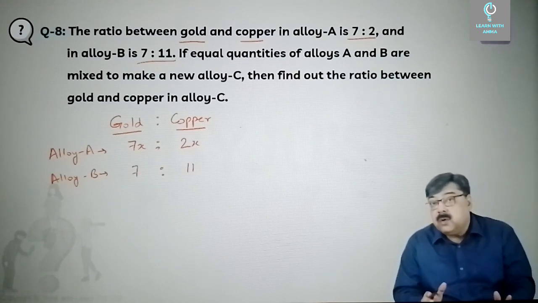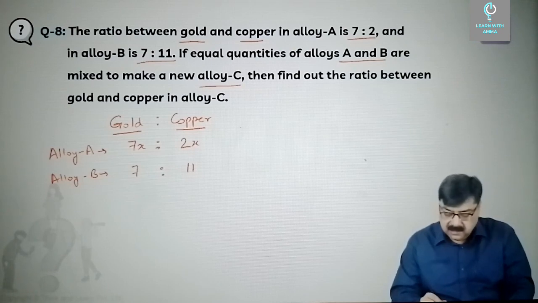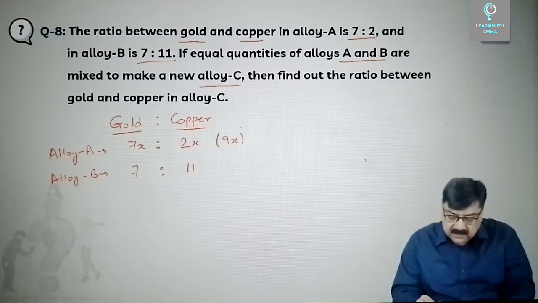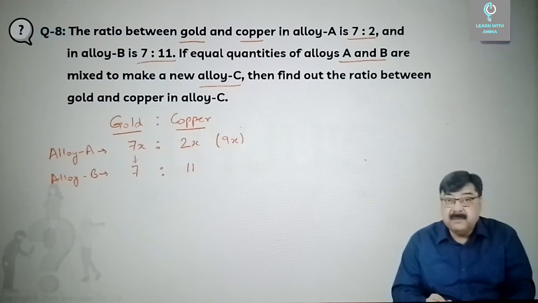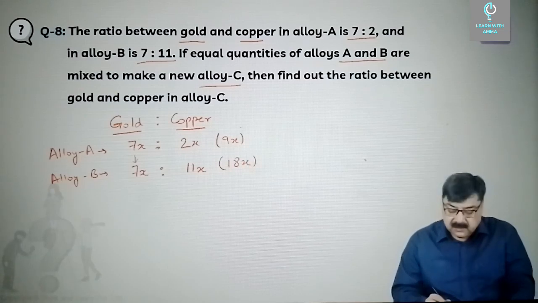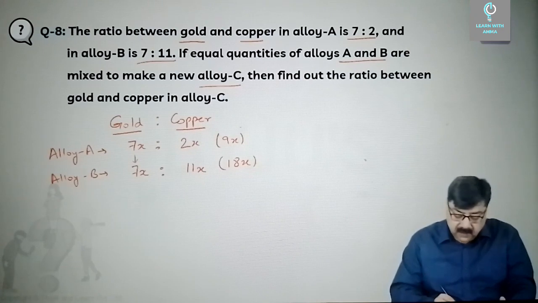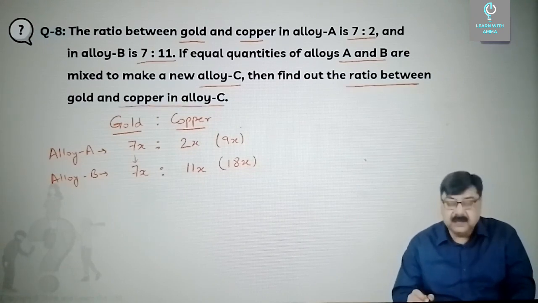Now, equal quantities of alloys A and B are mixed to make a new alloy C. See here the total is 9x, and as the amount of gold remains the same here, ratio wise it is 7x and 11x, so it is 18x. Now they are mixed in equal quantities to form a new alloy C. Then find out the ratio between gold and copper in alloy C.